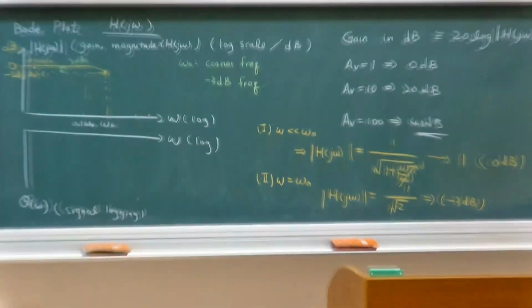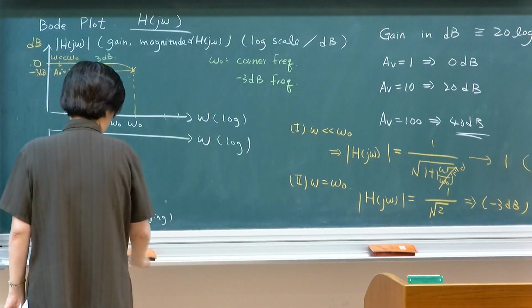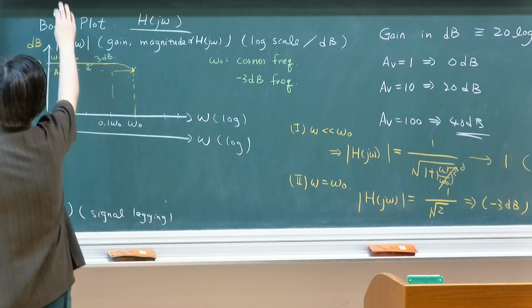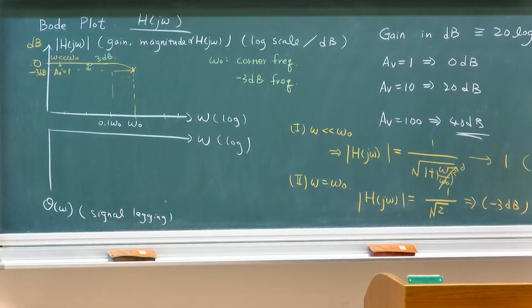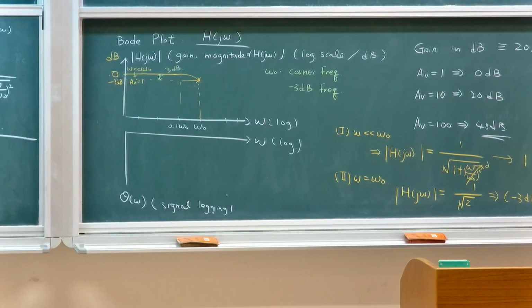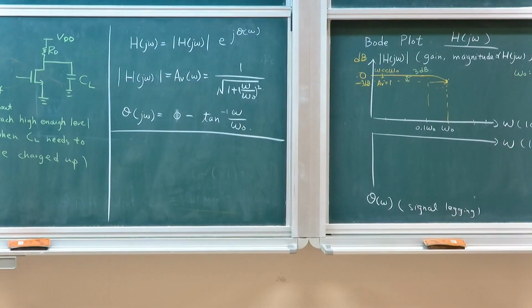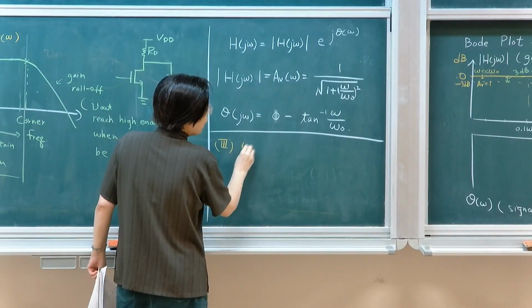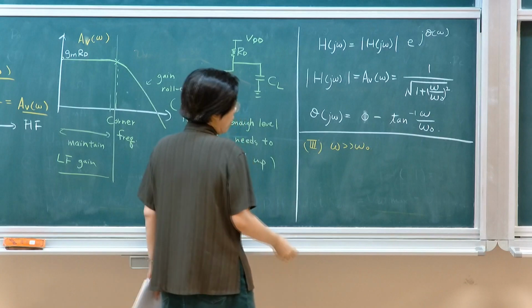Okay? And then let's look at when frequency increases a lot. So when frequency increases a lot, at much higher frequency, let me use this board. Condition 3 is when omega is much larger than omega 0.